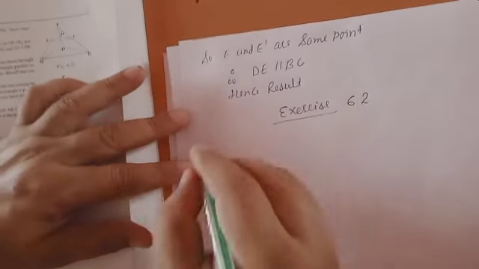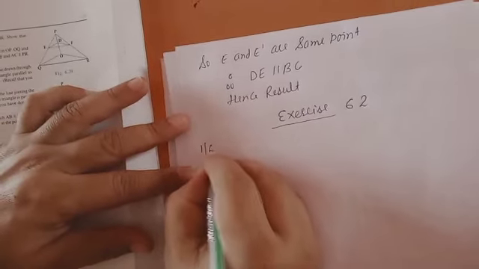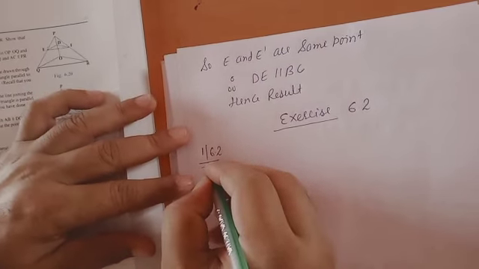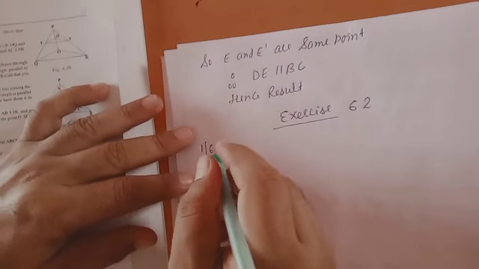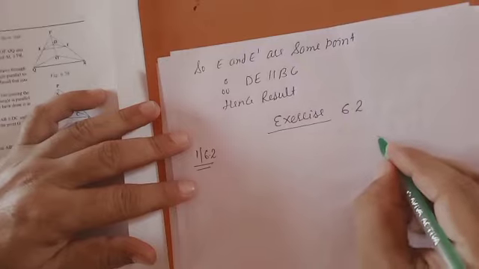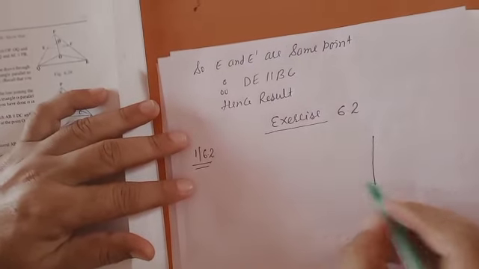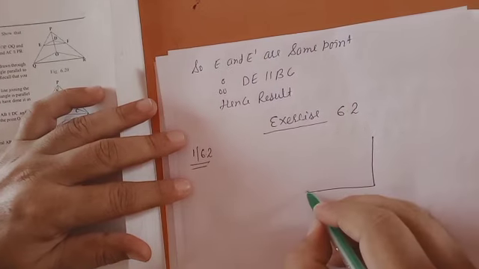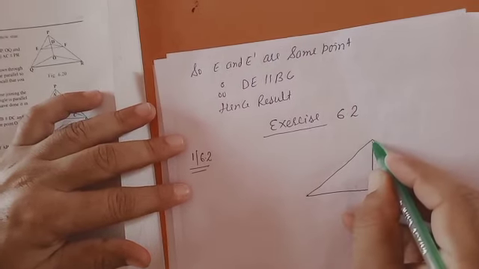Come on, question number one of exercise 6.2. Easy. It's given in figure 6.17. So figure 6.17 is like this.